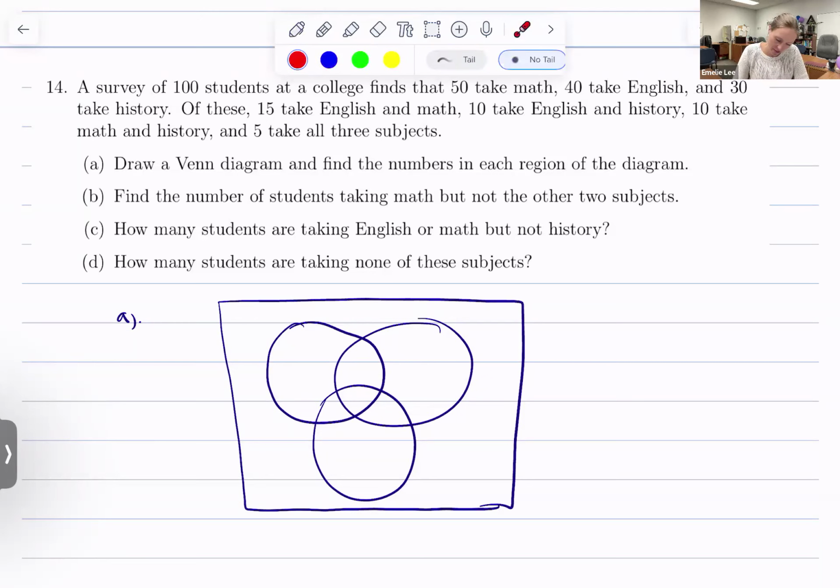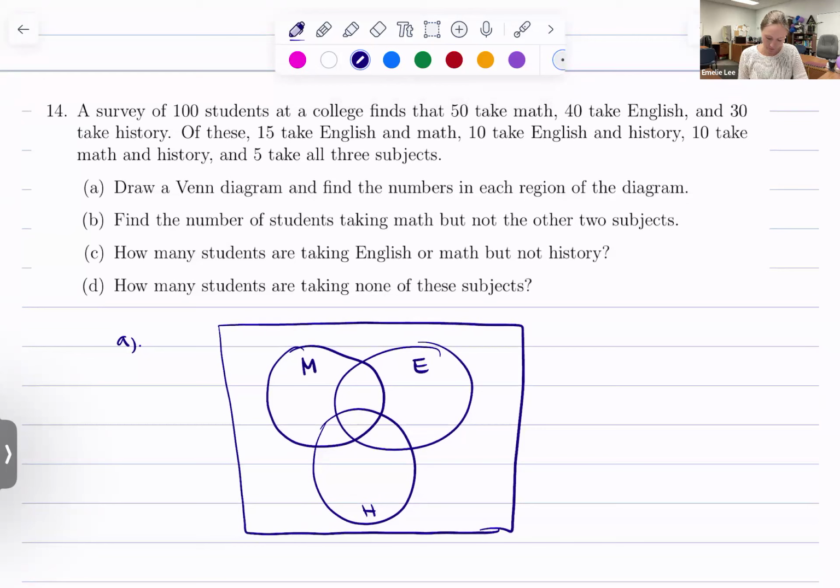I like to label them like this: math, English, and history, moving around clockwise, in the order that the subjects appear. And then this is the universal set. My next step is to start in the very center and then bloom my way out. So I'm going to start here with 5, take all 3 subjects.